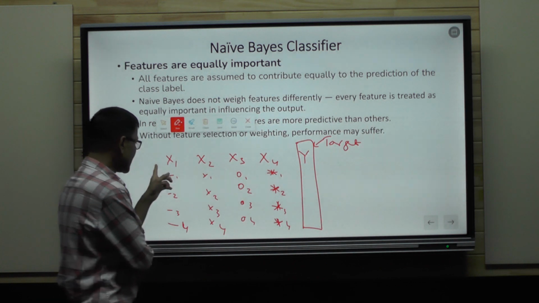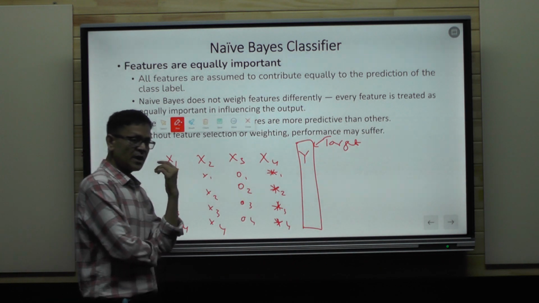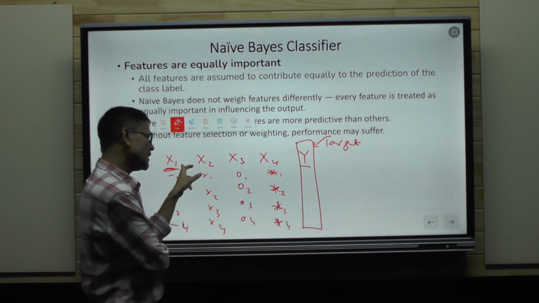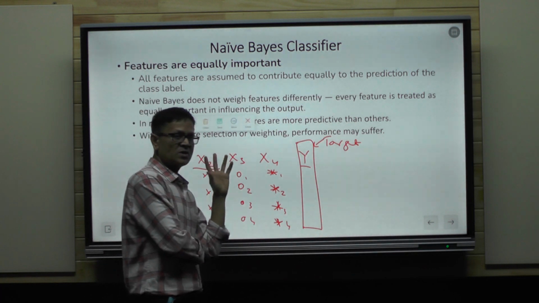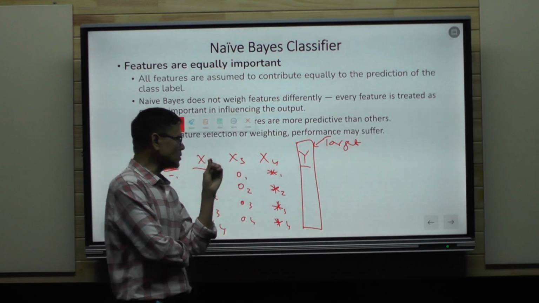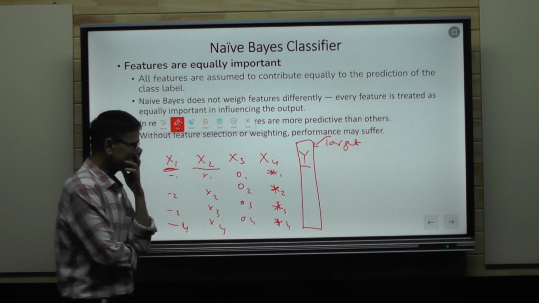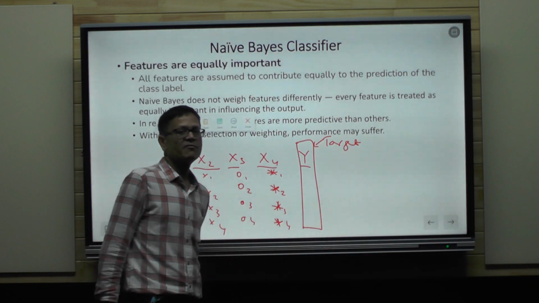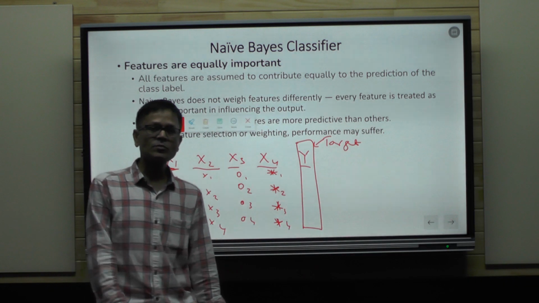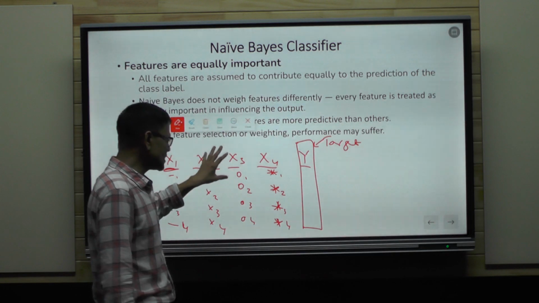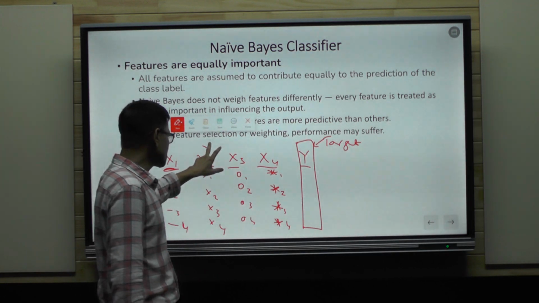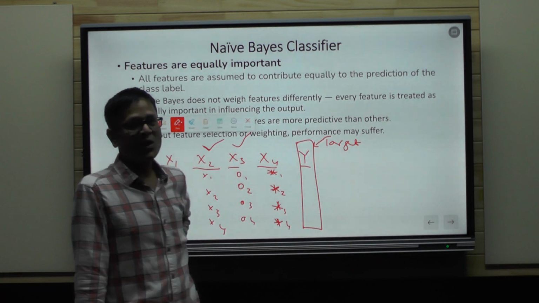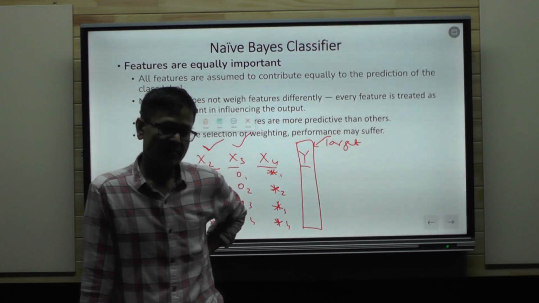That means x1 is affecting the target output by an equal amount. x2 is also affecting y by the same amount, and x3 and x4 have the same kind of effect. You cannot assume that under certain conditions x2 and x3 have less importance than x1 and x4.